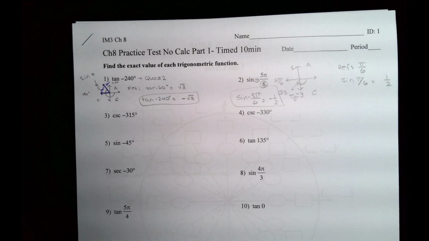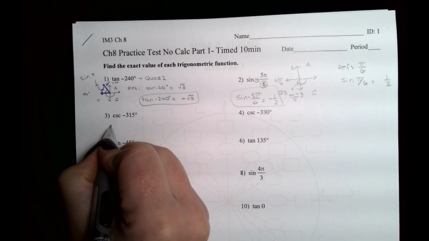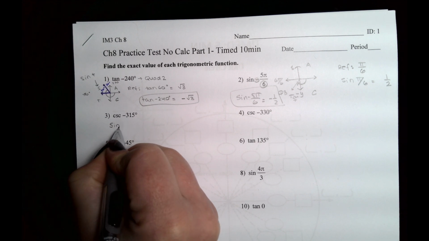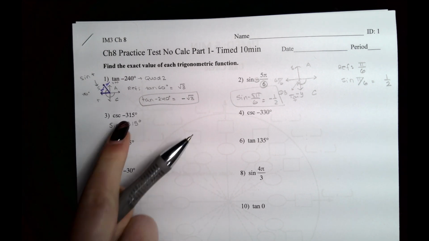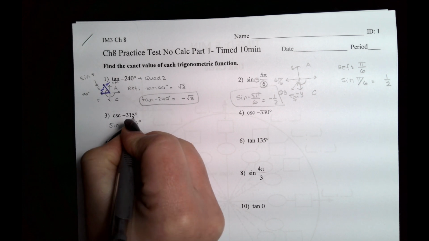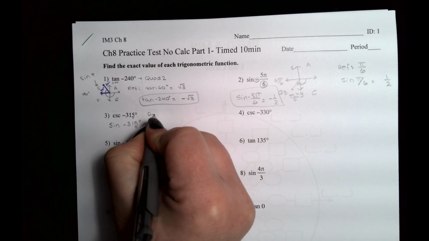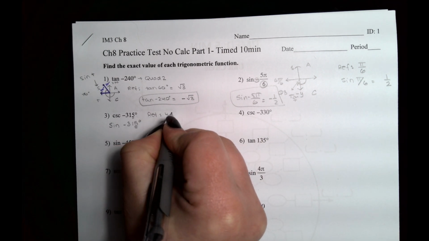And that's how you are expected to go through. Again, you should have these memorized. Cosecant is the reciprocal of sine, so we're technically looking at sine of negative 315. The trick here with anything ending in a 5 in your degrees, your reference angle is going to be a 45-degree angle.